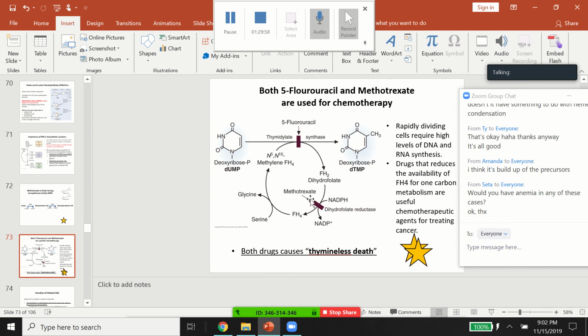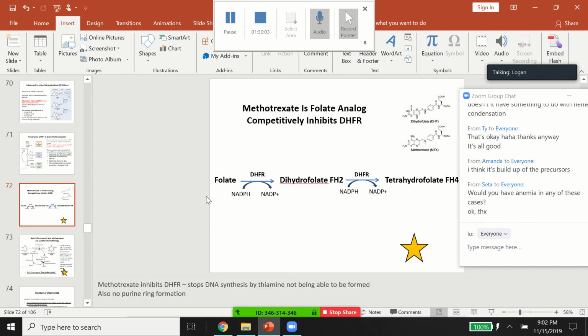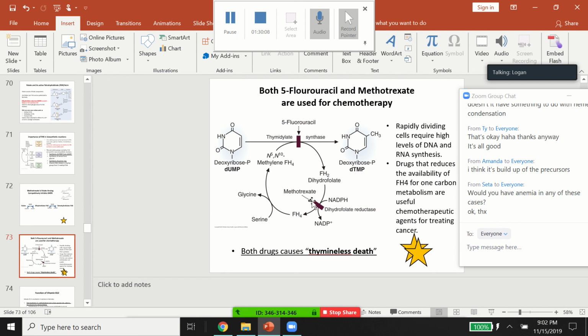But it has to be recycled. In order for FH2 to form FH4, we already just covered that, you need DHFR. If you have methotrexate, that stops that whole process. Therefore, you won't be able to recycle it and form FH4 again, and therefore you won't be able to form dTMP. So that's why they both result in thymineless death, but in two different ways. 5-fluorouracil doesn't mess around, it stops thymidylate synthase right in its tracks, but dihydrofolate reductase, that's methotrexate.